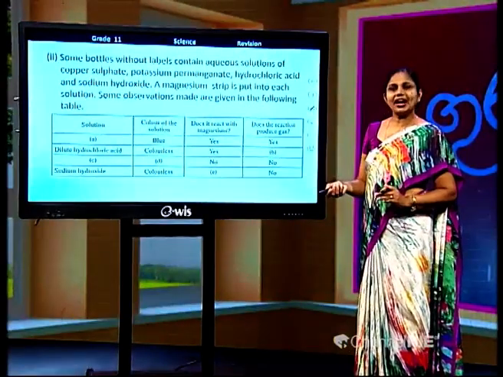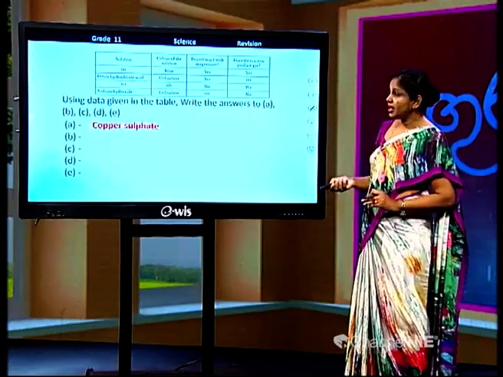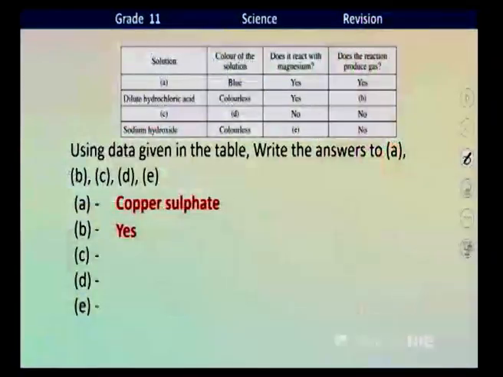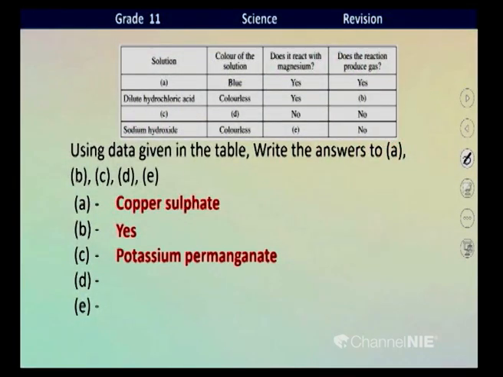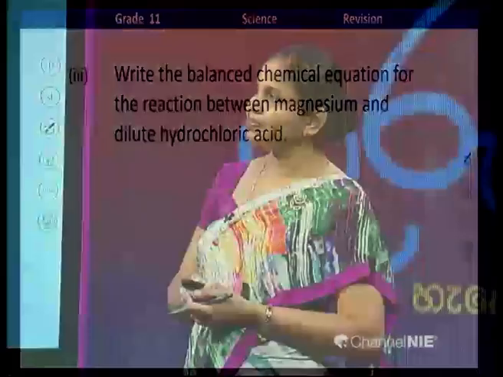Then we'll go to the answers. A, copper sulfate. B, yes. C, potassium permanganate. D, purple. E, no. Because sodium hydroxide doesn't react and no gases are emitted. Right. Go to the next question, children.